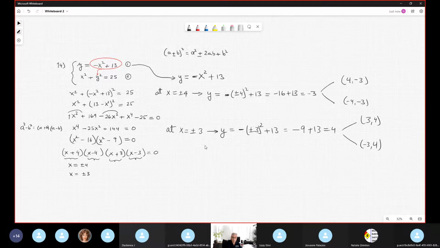Yeah, absolutely, it's option B. Okay, remember, I don't care about this. My test is not multiple choice. I want to see the work, you select the solutions. If you want, you list them separated by commas: negative 4, comma, negative 3, comma, 3, 4, comma, negative 3, 4. And close the curly bracket.